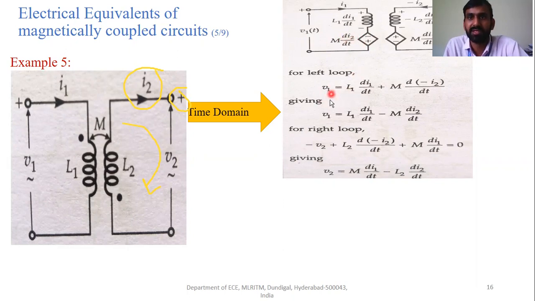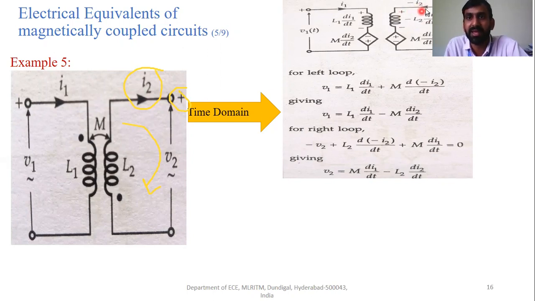So you can check it here. V1 is equal to L1 into dI1 by dt plus M into d of minus I2 by dt. It is not minus M into d of I2 by dt. It is plus M into d of minus I2, because here the current direction is mentioned in a reverse direction. So it is minus I2, it is not plus I2.